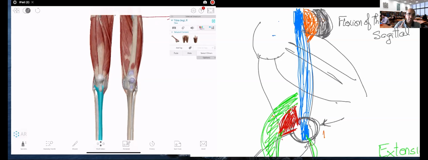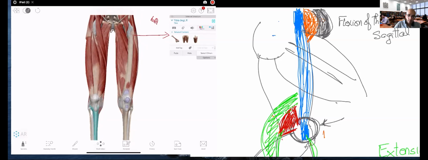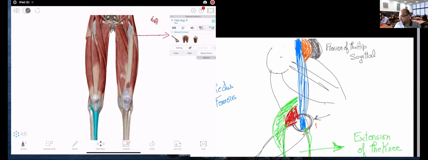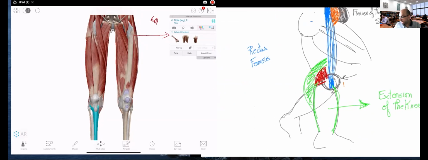The only one passing in front of the hip joint is the rectus femoris, and this is the only one that helps with hip flexion. Did I say knee flexion? I'm passing in front of the knee. Remember, passing in front of the knee, I'm increasing the angle of the joint.